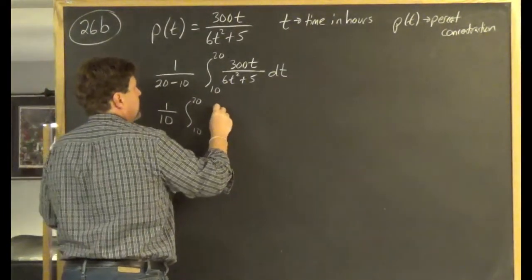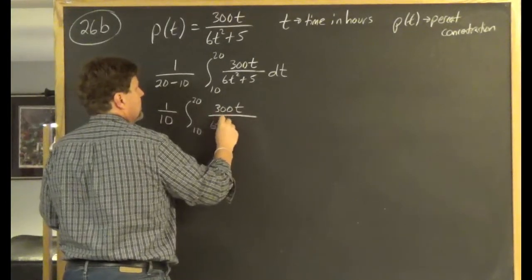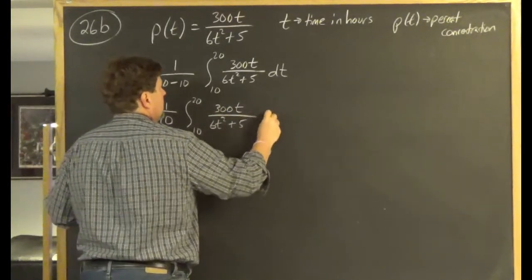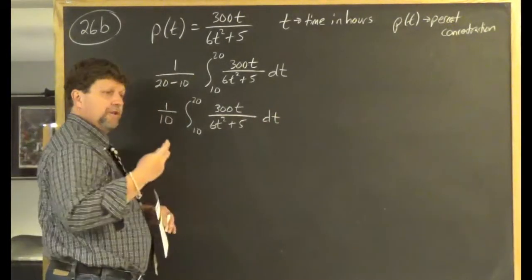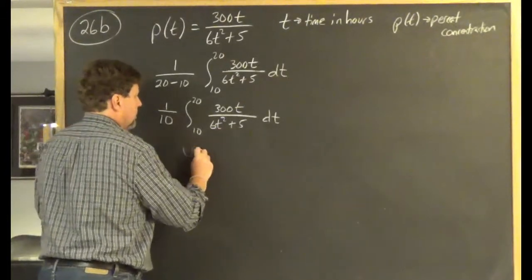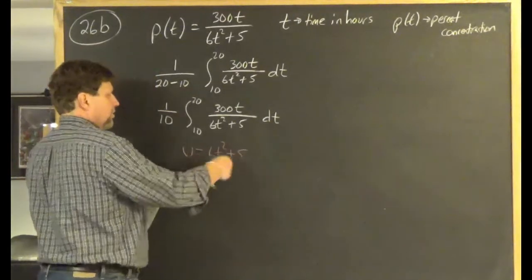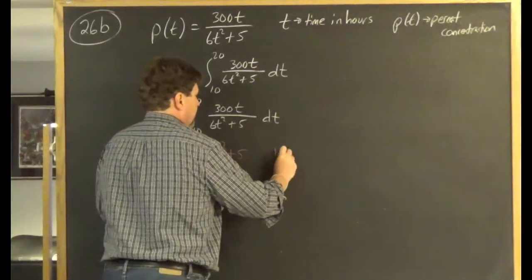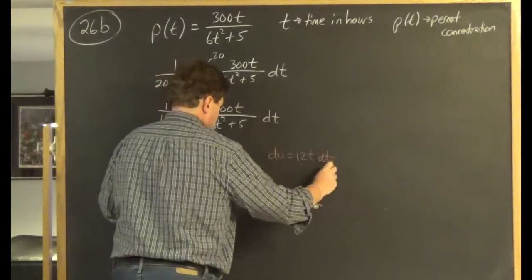And it looks like this is just an old case of doing a u substitution. So I let u equal the denominator. Derivative, so du is 12t dt.